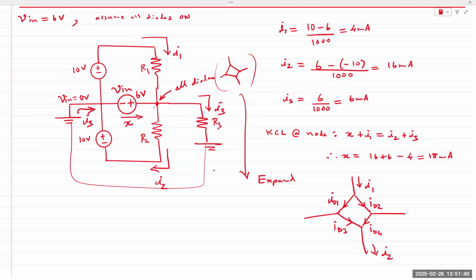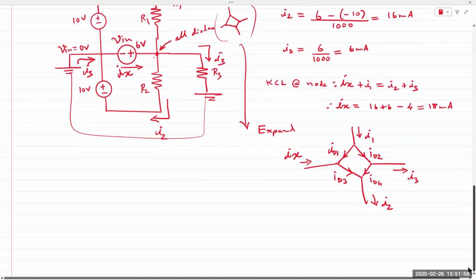I2 coming down, I3 going in this direction, and this should be IX. Let's just change it and make it IX. All right, so if you apply KCL, these are the equations we would get.